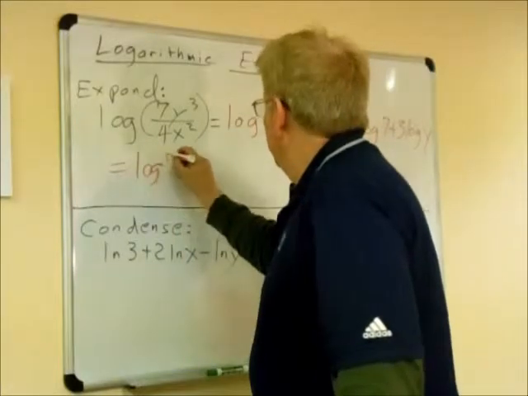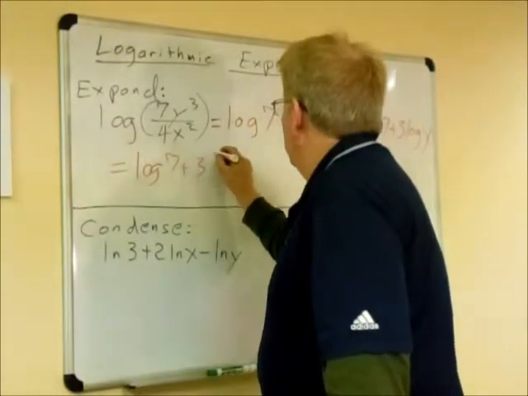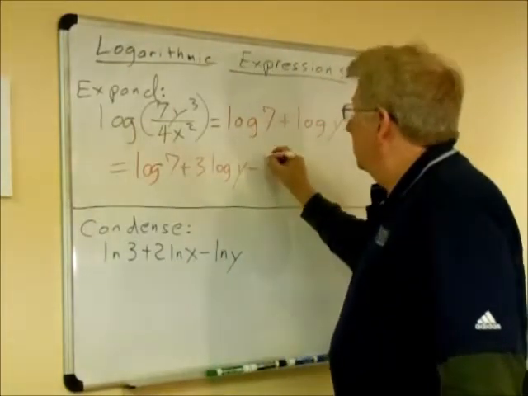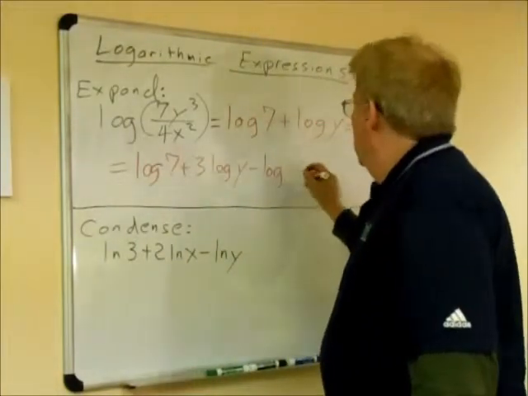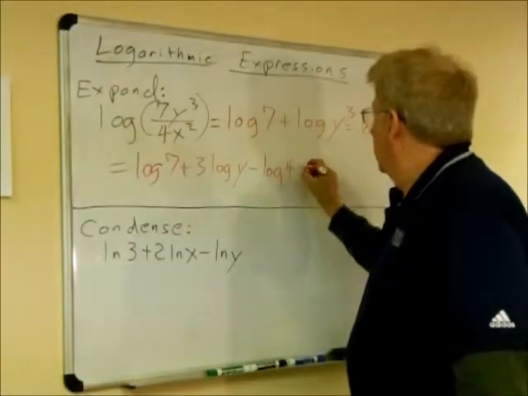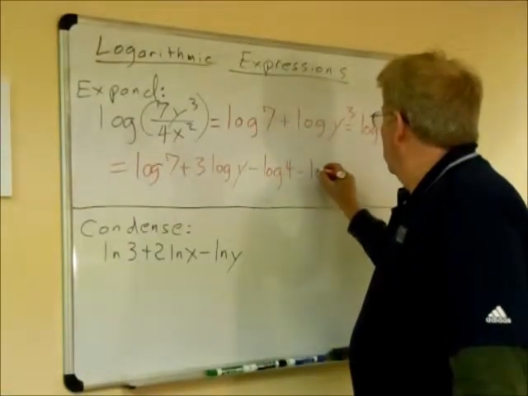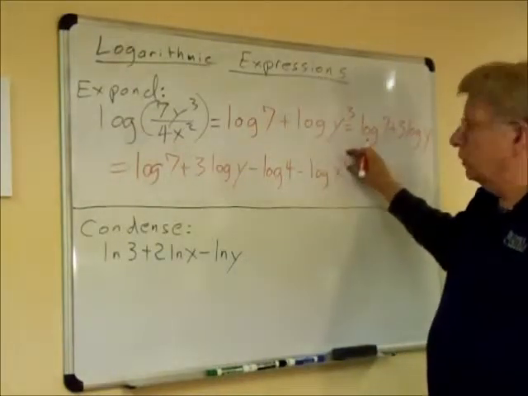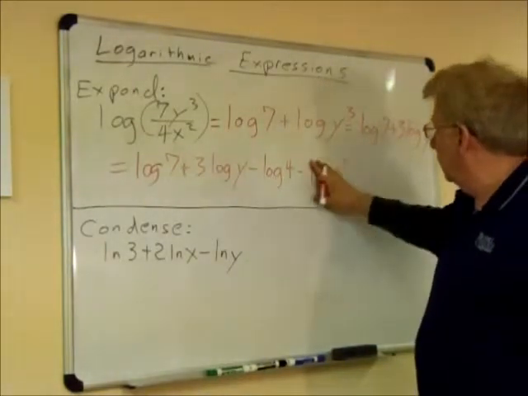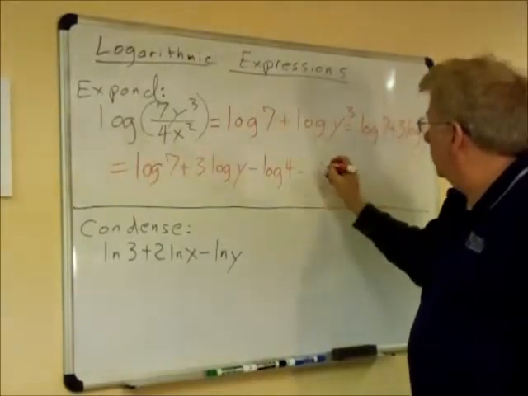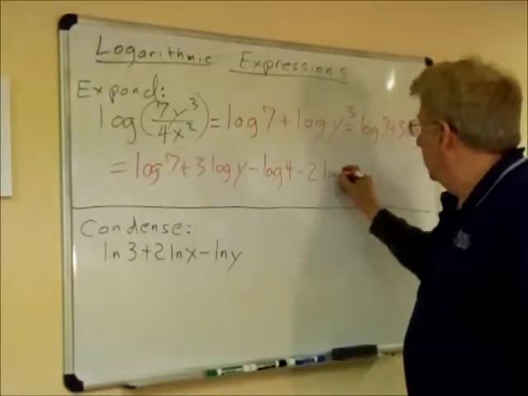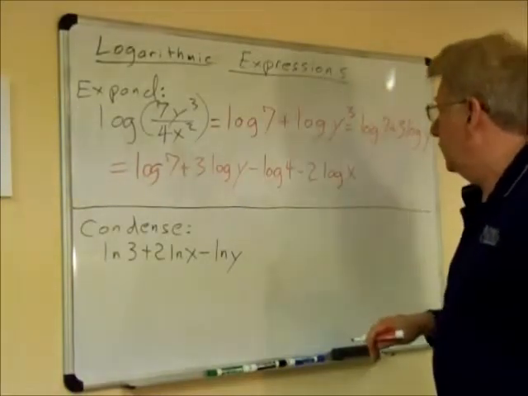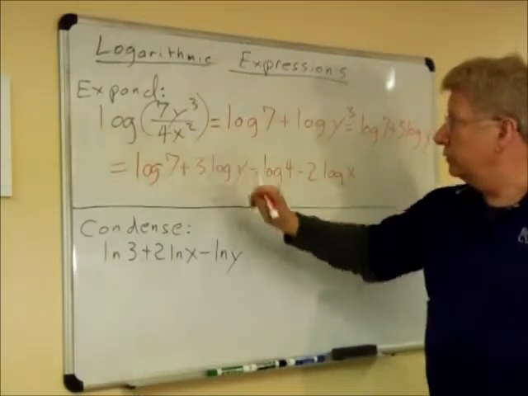We have log of 7 plus 3 times log of y minus log of 4 minus log of x squared. And then the x squared, the squared can go on the outside again, so we'll just put the 2 out here, log of x. And that's our expanded expression for this.